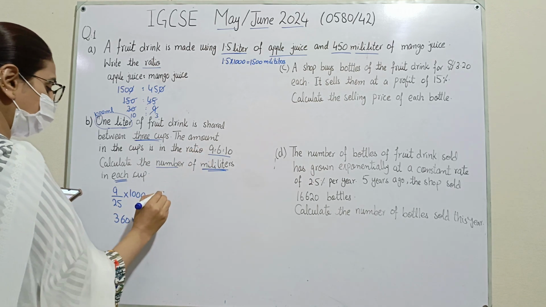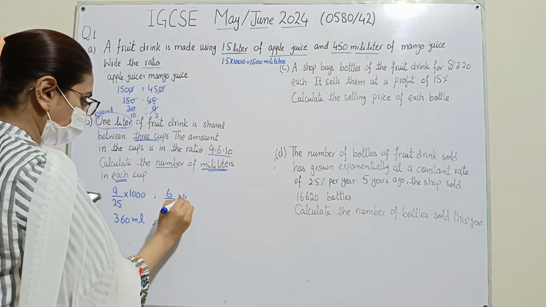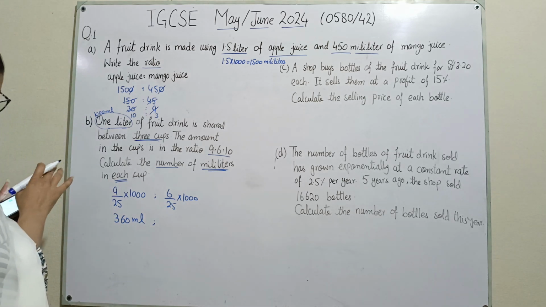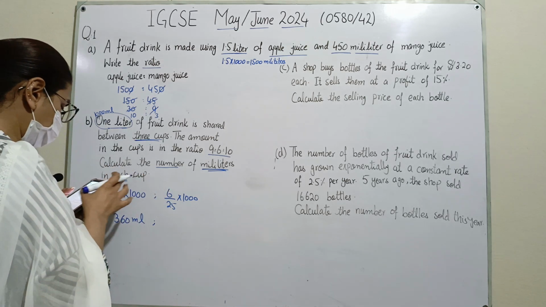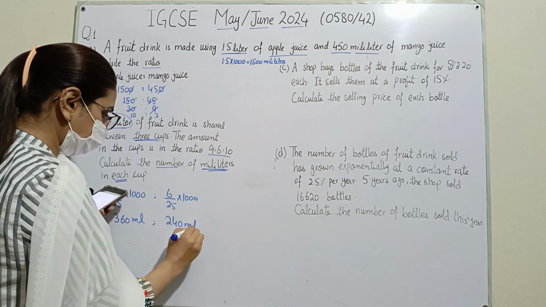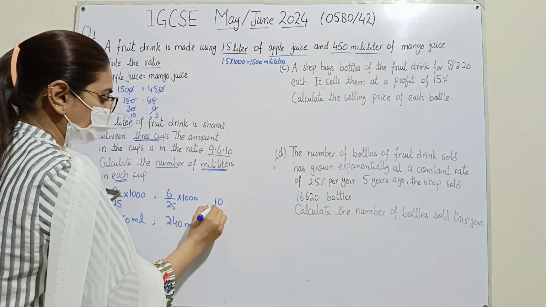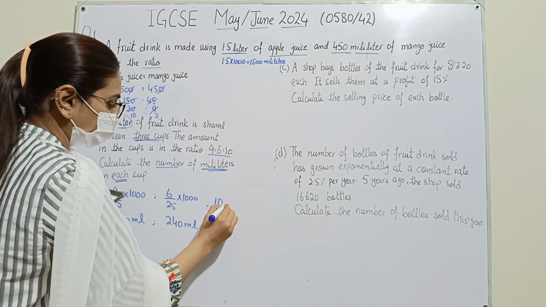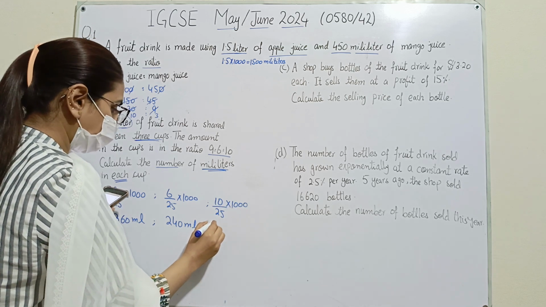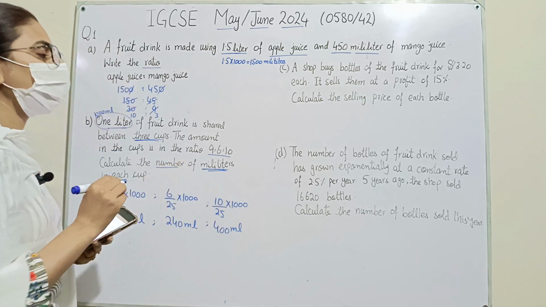Move toward the second one, that will be 6 by 25 multiplied by 1000. On simplification, you will get 240 milliliters. For the third one, 10 by 25 multiplied by 1000, and you will get 400 milliliters.